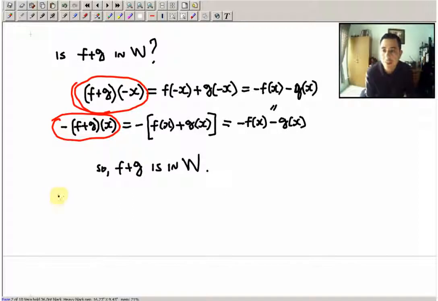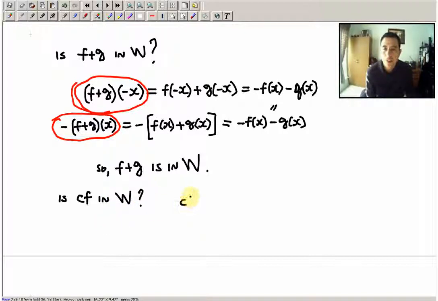Now let's look at scalar multiplication. If I take a scalar and multiply by a function, let's take f, is this still in W? Let's check.